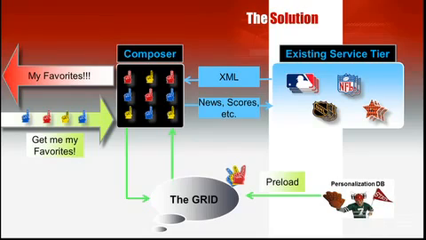If you're an NFL fan, we'll go to that. And we'll go to multiple services if we need to. From that, the composer is intelligent enough to build a response back for you, the fan, and you get your personalized content. Now the key point here is from the moment a user request comes in to the moment it goes out, we're in single-digit millisecond response time. It's extremely fast, and that's why it scales the way it scales.